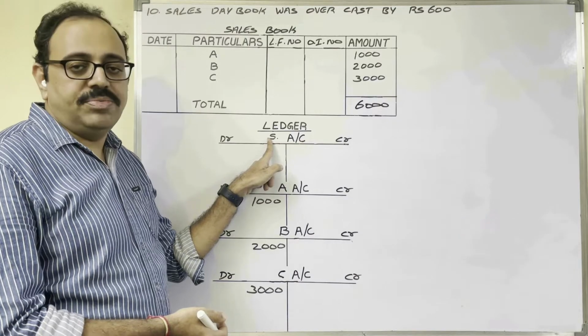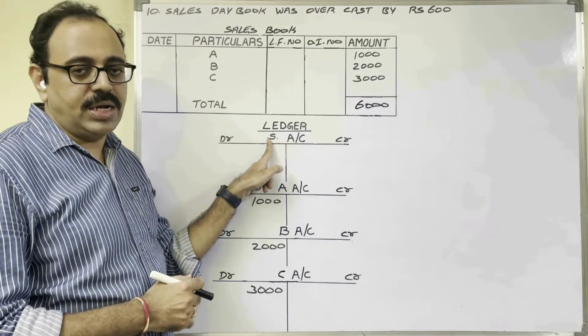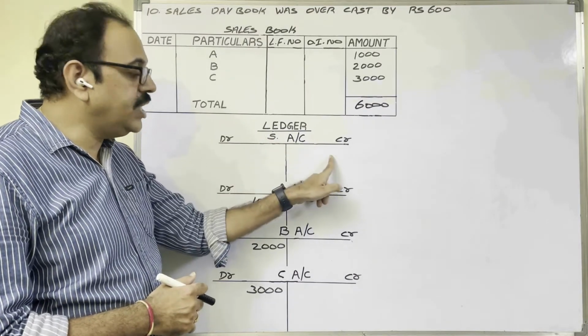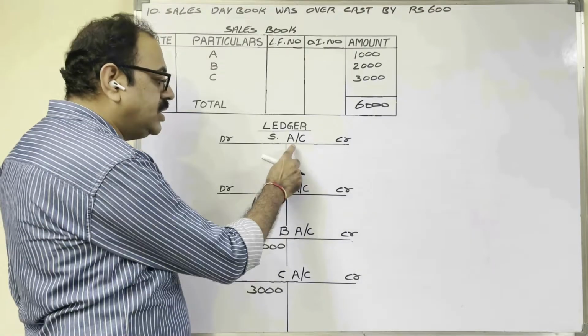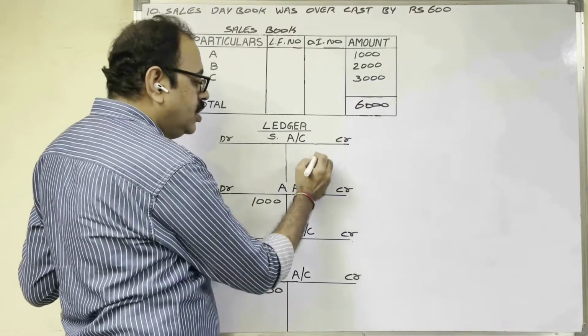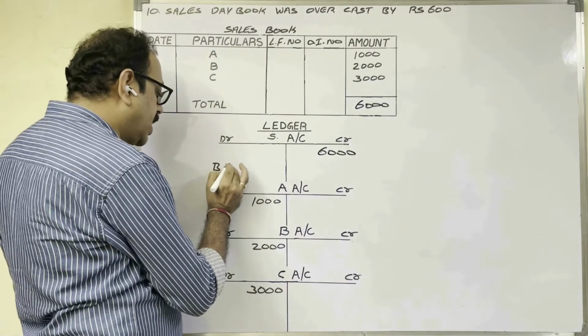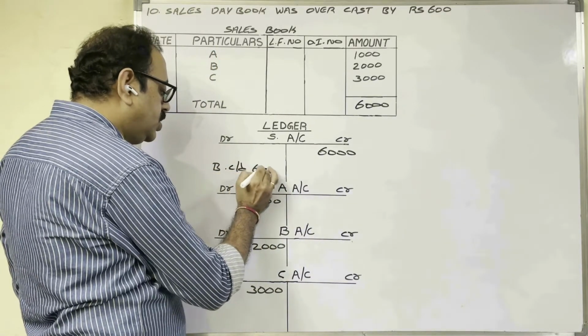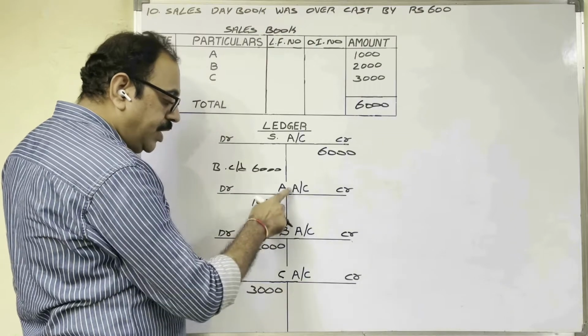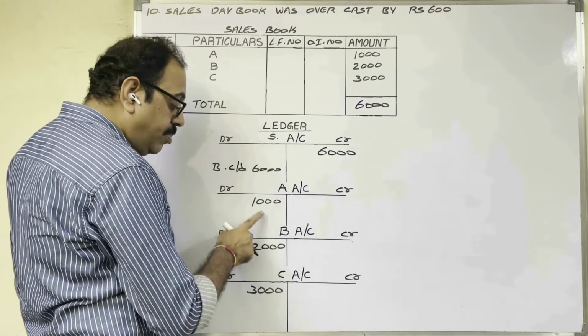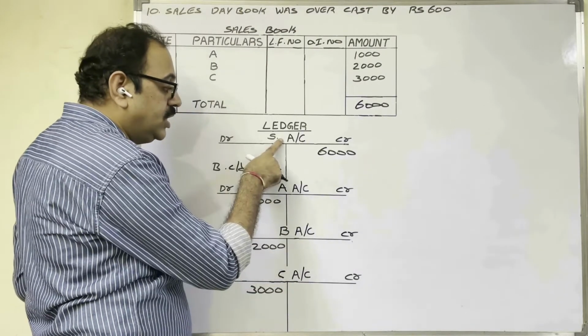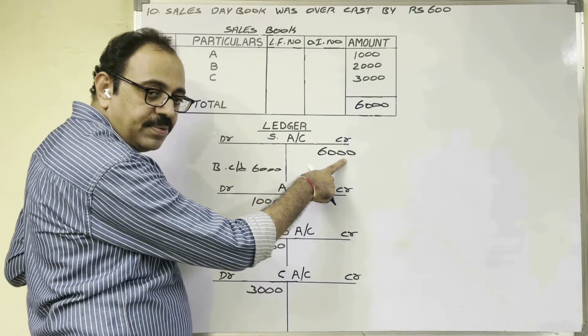Sale is an income. Income shows a credit balance. So in sales account, credit side we should post by sundries as per sales book 6,000 rupees. Then debit side balance carried down comes 6,000 rupees.